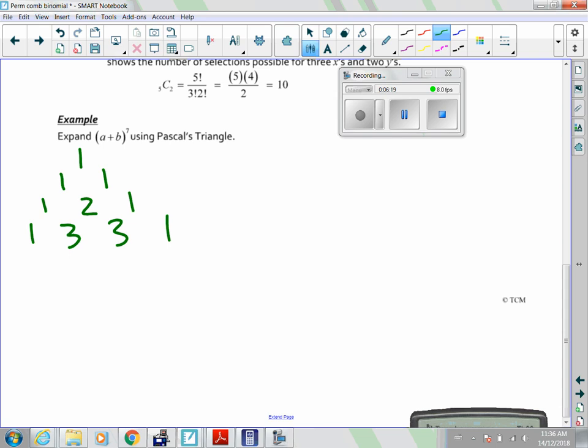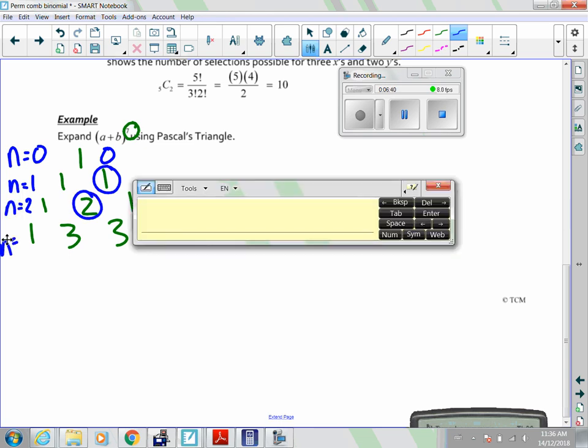Now remember that my n, my exponent, is always given by the second number in the row. So this is n equals 0. This is n equals 1 because of that. This is n equals 2 because of that. So you can always see the n.